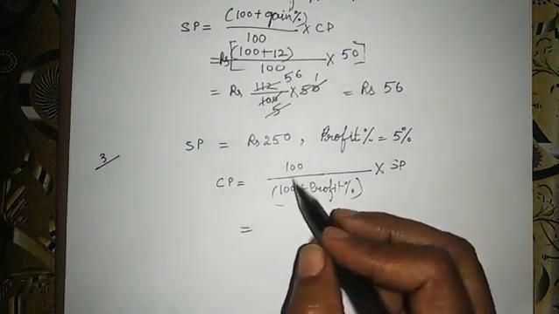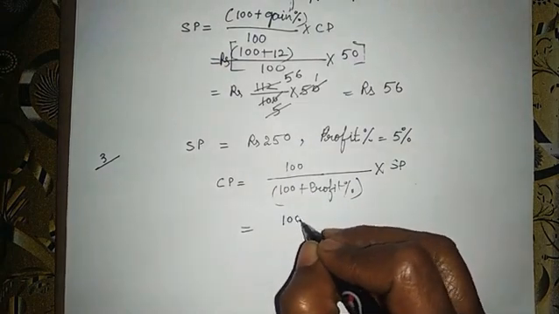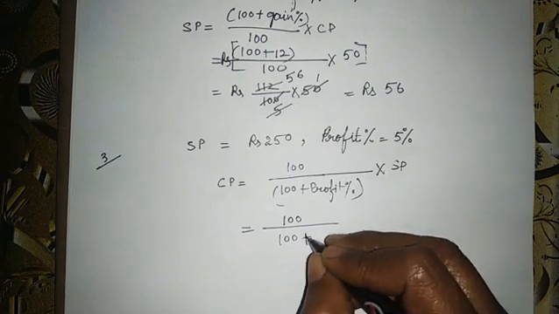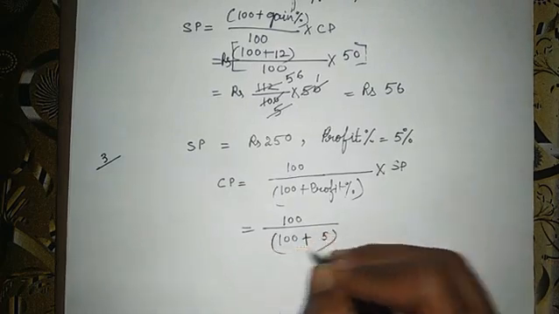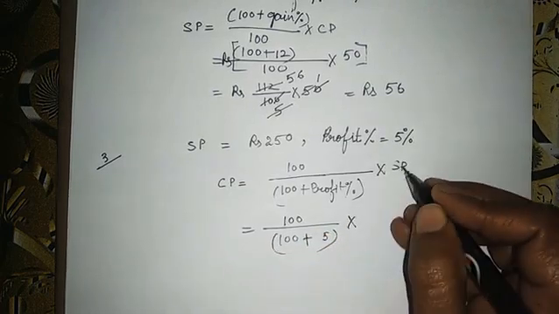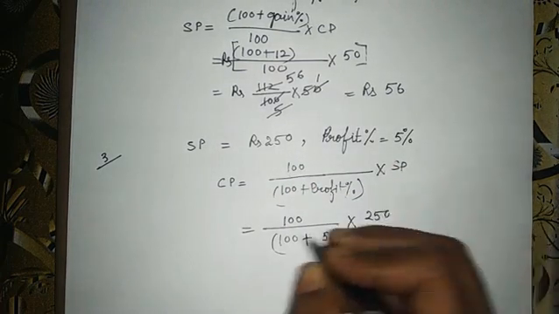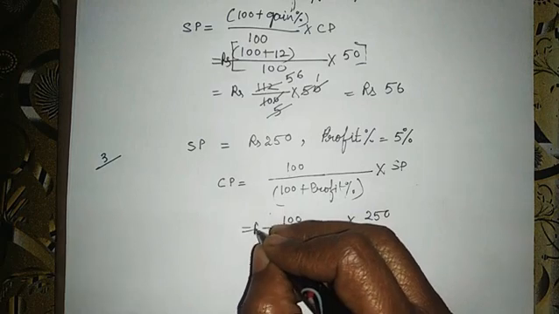Here 100 we will write. Now 100 plus profit is 5%. We will write this thing in the bracket. Now SP will write, SP is rupees 250.